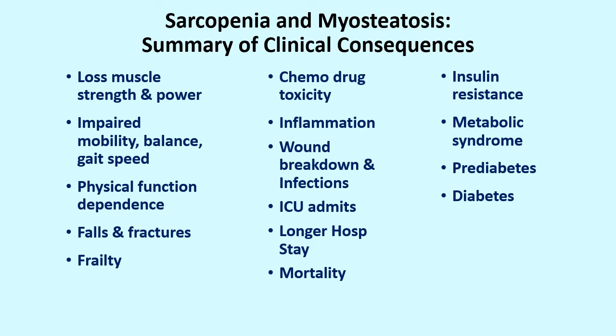And you can see it ranges from the direct effects on muscle strength, power, and function to effects of inflammation and immune suppression, wound breakdown, infections, mortality, and, as I was previously mentioning, the effects on the ability of muscle to utilize insulin and be sensitive to insulin, and therefore the development of metabolic syndrome, prediabetes, and type 2 diabetes.